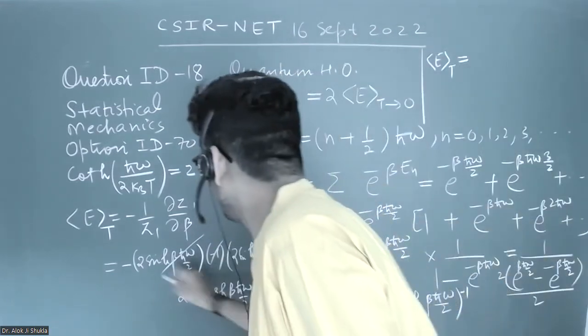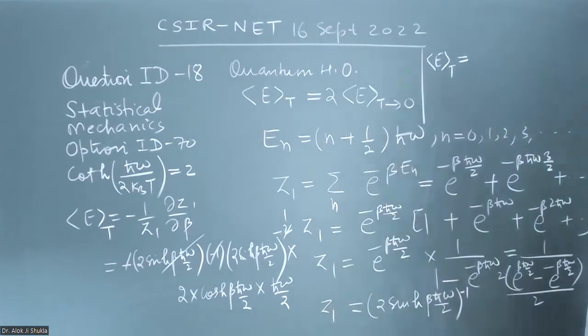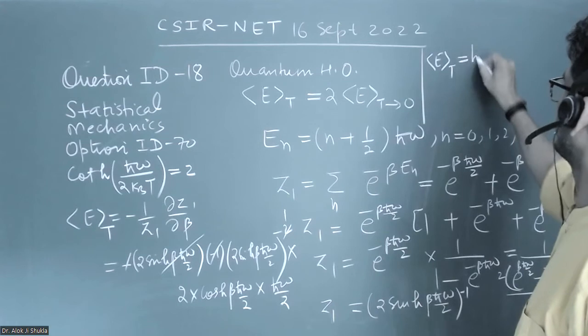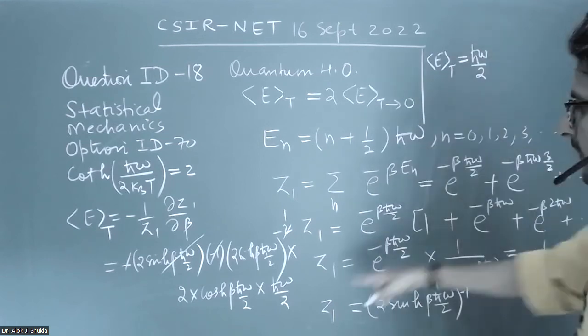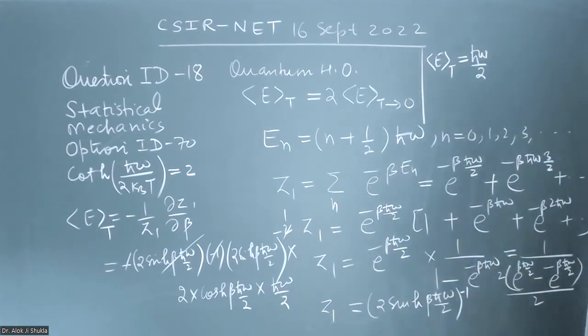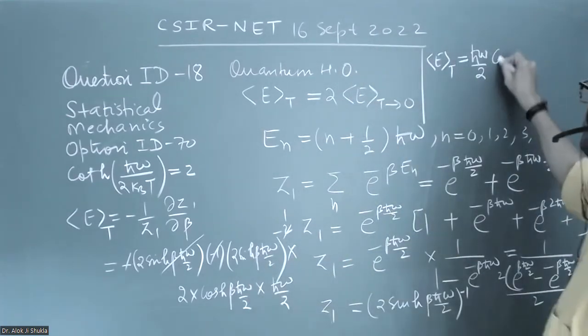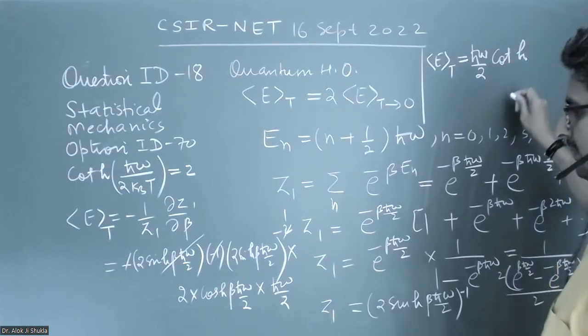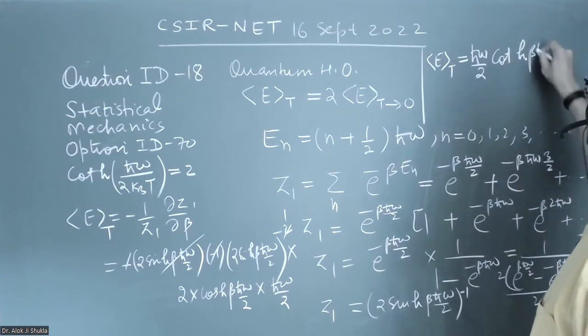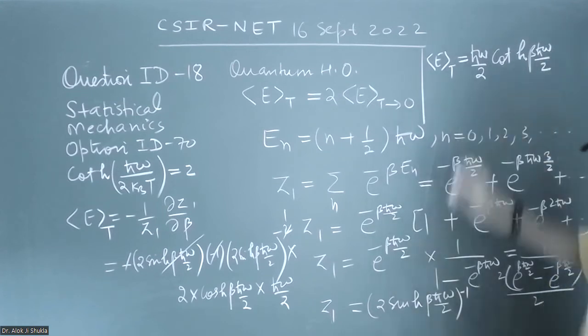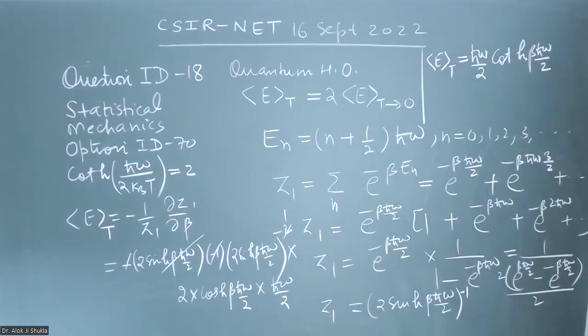This minus and minus sign will also cancel, and we have now h cut omega by 2 here, and what you will get is coth of beta h cut omega by 2. So this is what we are getting at equilibrium temperature T.